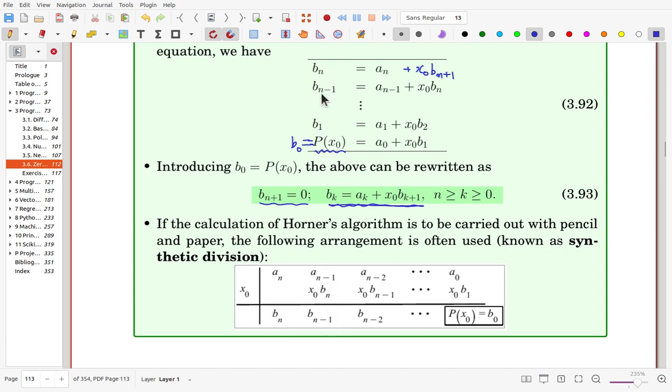That is exactly this equation. Multiply these two, put it here and add them, and so on. Then after the addition of this one, that will be b0. This is the last equation, which must be p at x0.